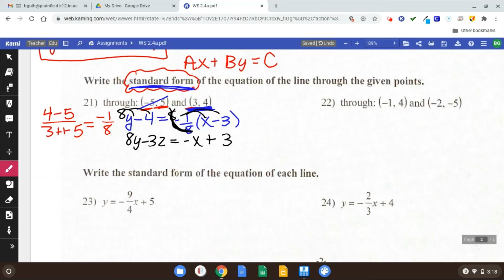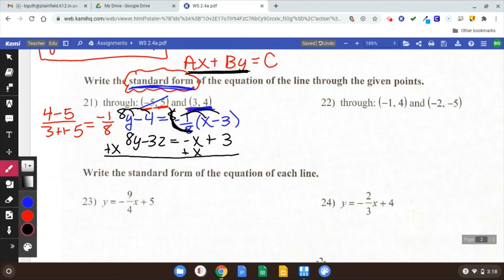So keep your eye on the prize. Keep your eye on what we need. We want our variables on the left side. So we're not isolating y like we did before. We're trying to get our variables on the left side. So instead of dividing by 8 or whatever to get y by itself, I'm going to start by adding this x over. Okay, I want that x over on that side. So we'll have an x, and we'll have this plus 8y right here.